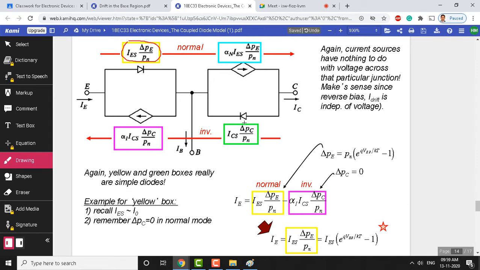This yellow color stuff and this green color stuff are nothing but simple diodes, because if you substitute delta P C here also, you get a diode current equation. And in the yellow color box also, this E S reverse saturation current can be shown as I naught also. And in the normal mode, we know that delta P C becomes 0.